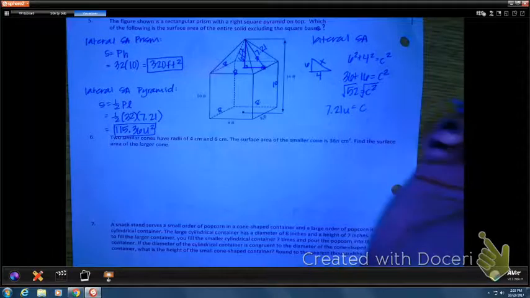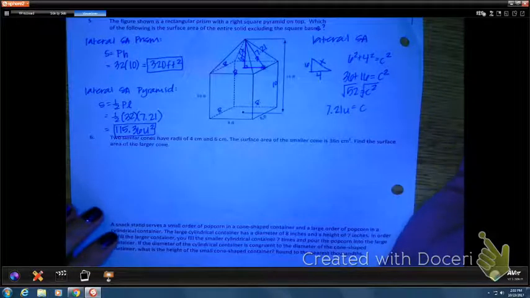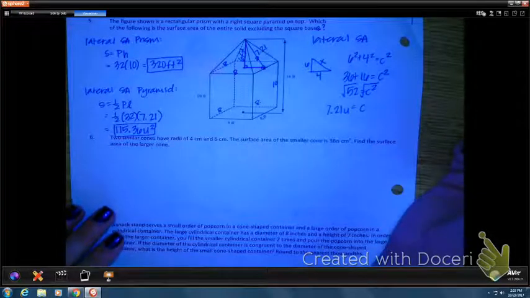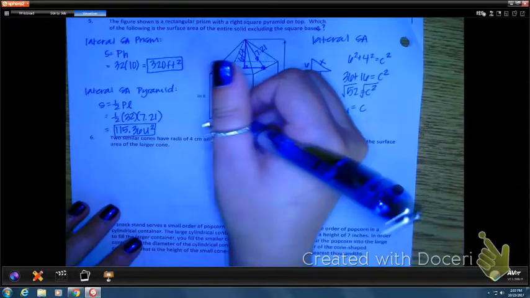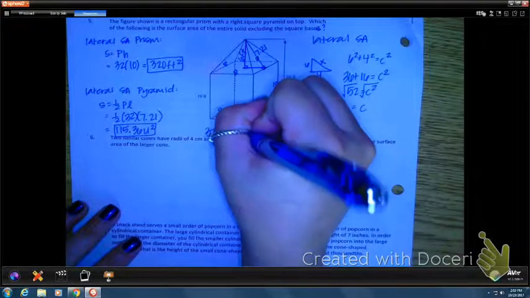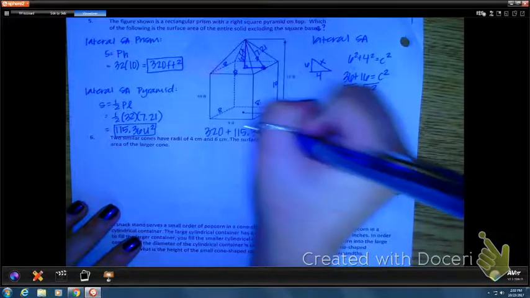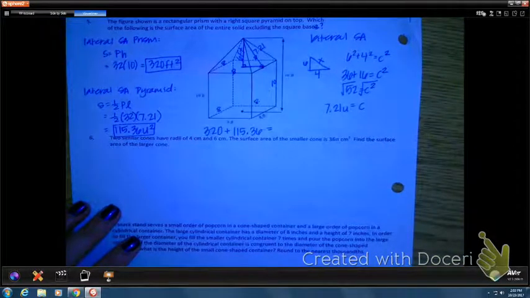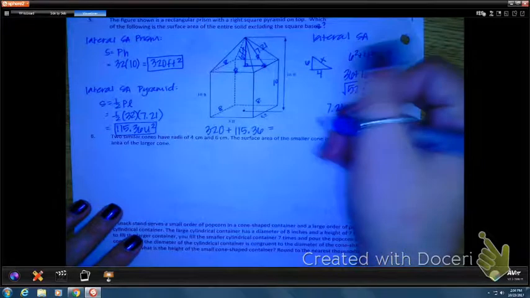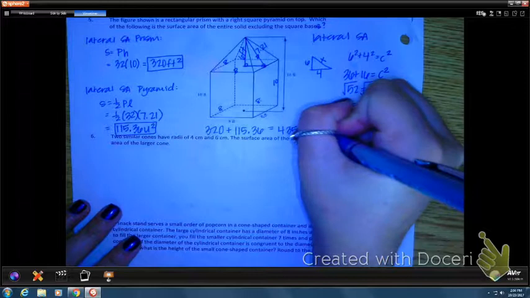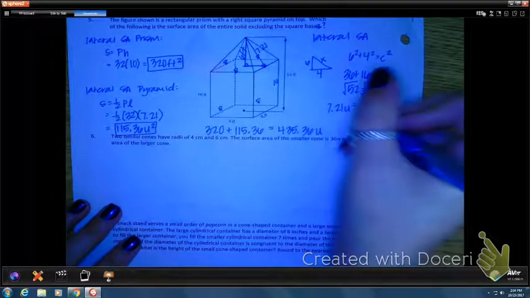Hopefully you said add it together. So you have 320 plus 115.36 equals 435.36 units squared.